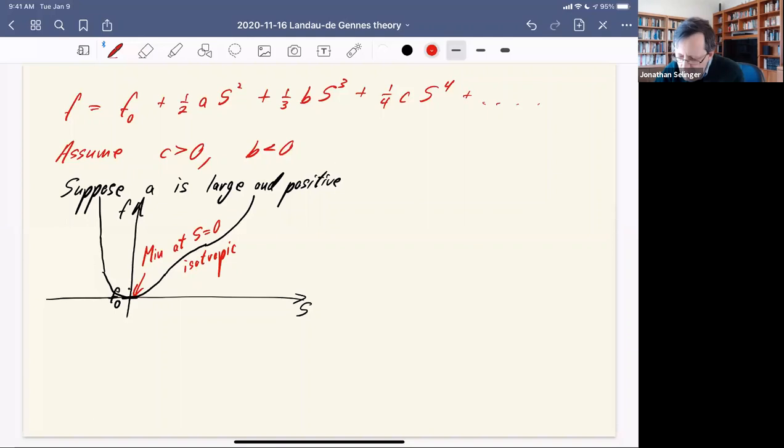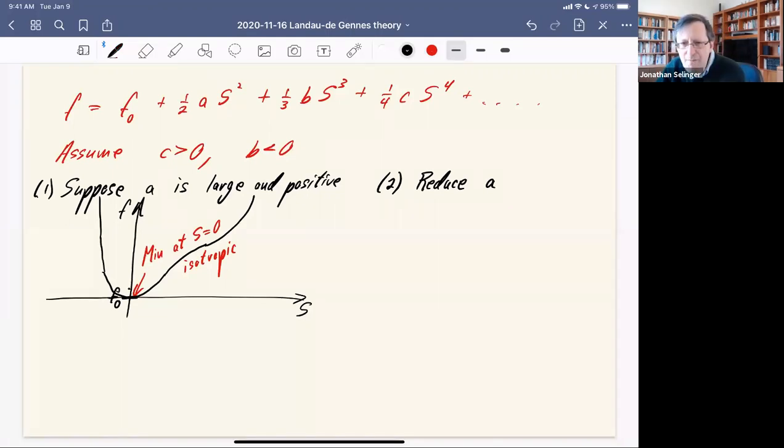Now let's try reducing the value of A. So here's plot number 1, and now I'll make plot number 2, with A reduced.